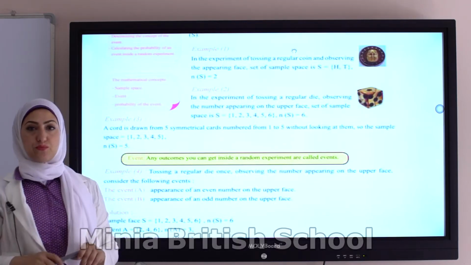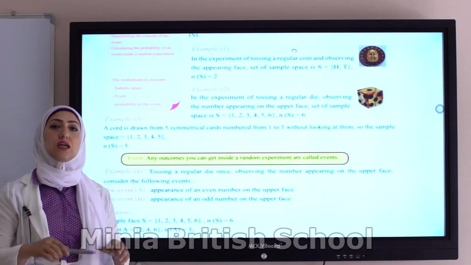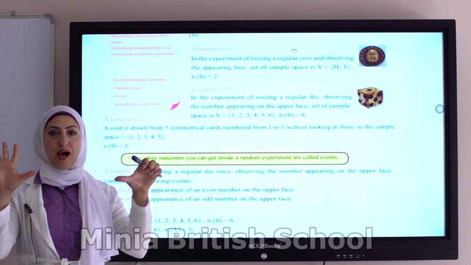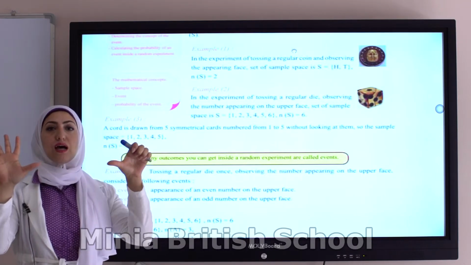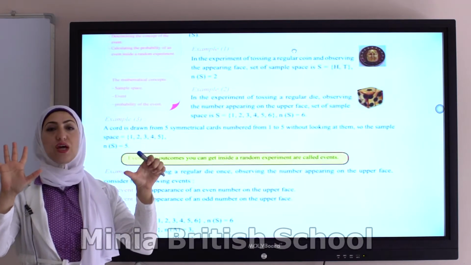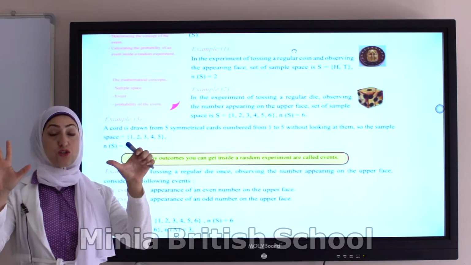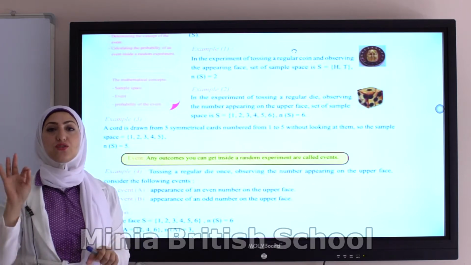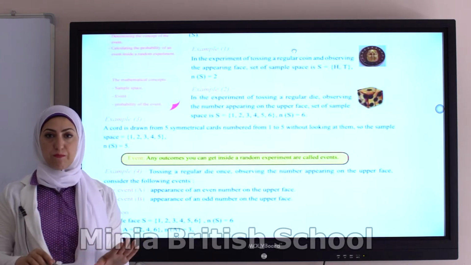In a cube or dice, what is the probability of getting even numbers? In the cube, I have 6 faces. It means 6 outcomes: 1, 2, 3, 4, 5, and 6. The even numbers are 2, 4, and 6. It means 3 outcomes over the total 6.